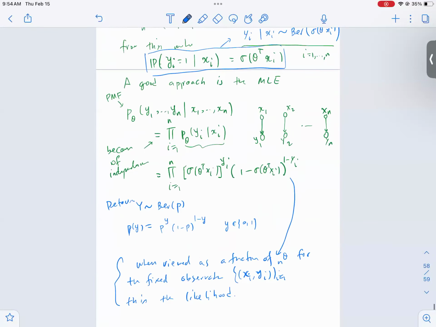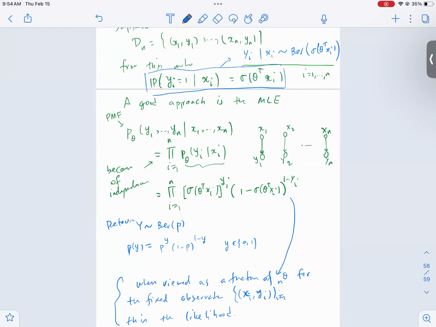When I vary theta, I get an entirely different probability model. Under each theta, I compute the probability of the given sequence, and then I decide which theta gives me the highest probability for this observation. That's the maximum likelihood.